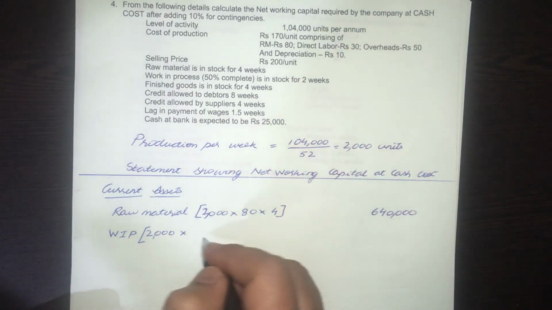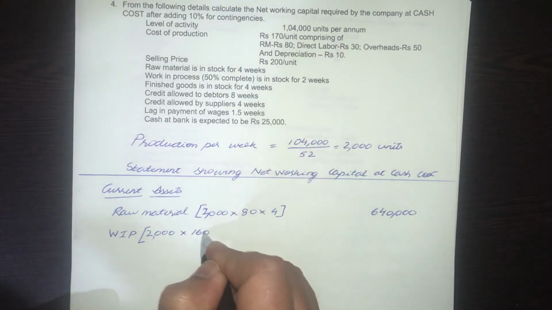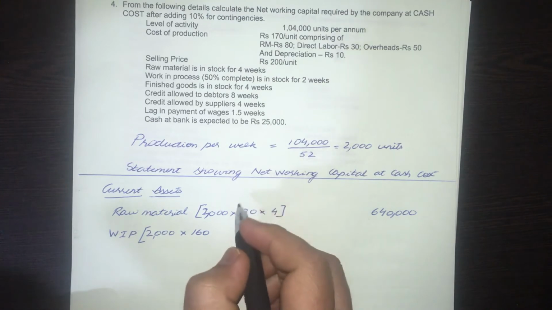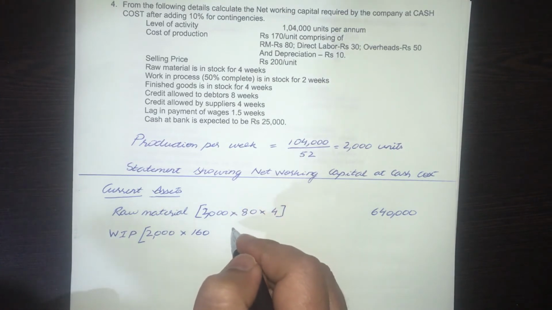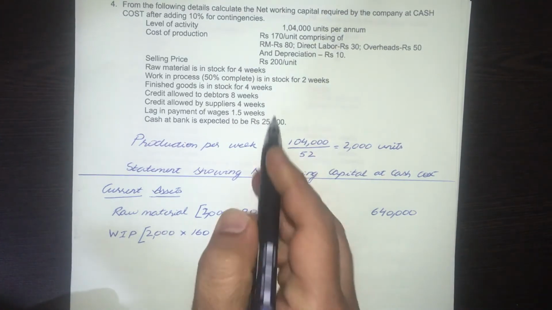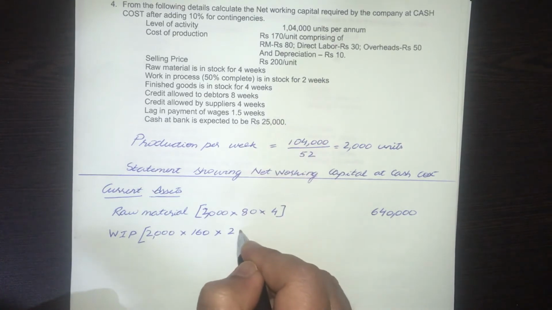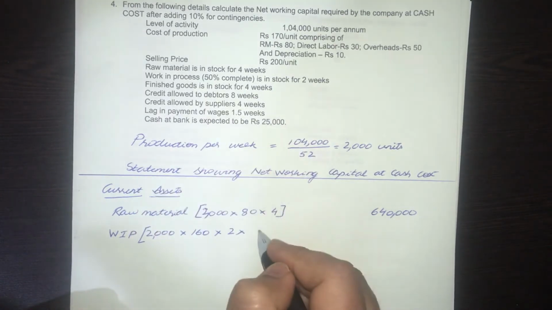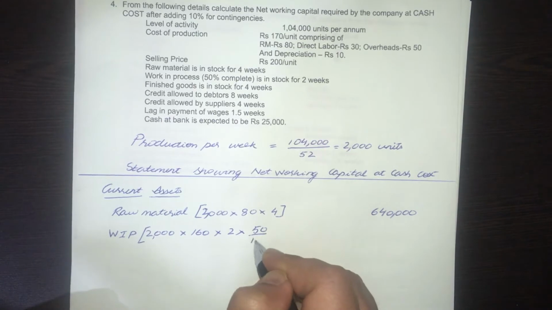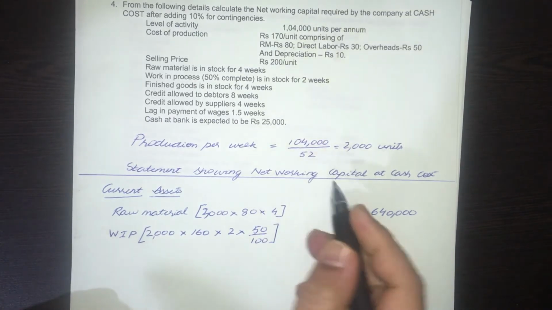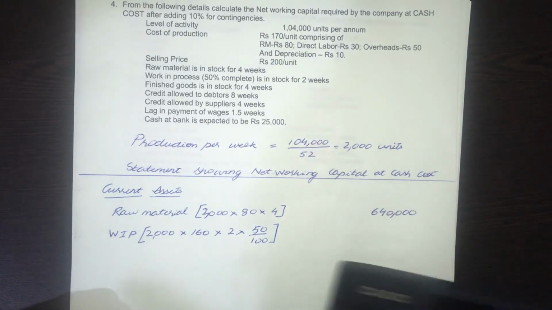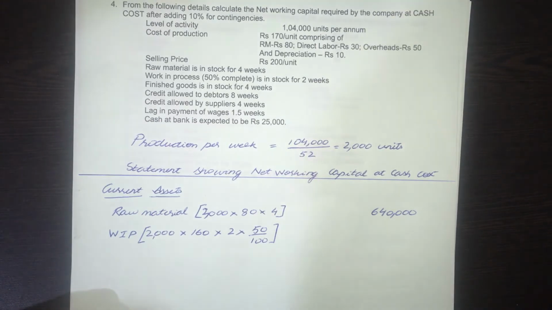So therefore, it will be 2,000 into 160, ignoring depreciation, into how many weeks? 2 weeks into 50% done, so 50 by 100. So it will be 2,000 into 160 into 2 divided by 2. So 3,20,000.